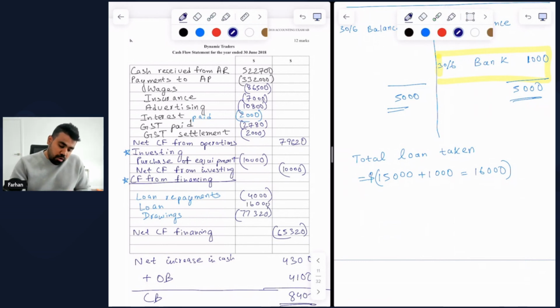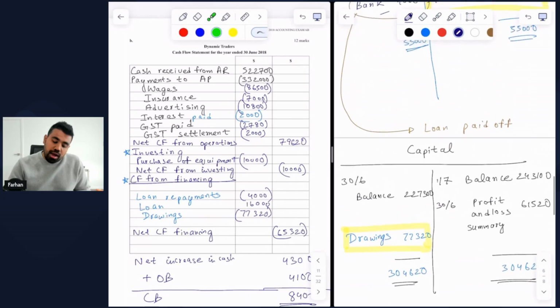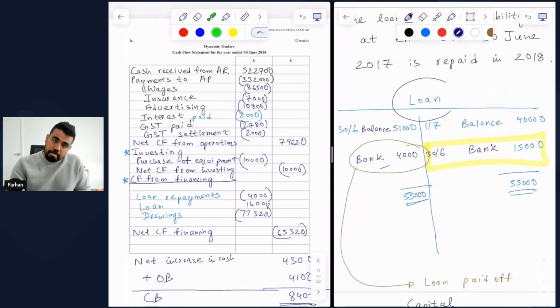So let me walk you through the two loan components we have here. The loan repayment of 4,000 in negative refers to the current liability from end of 2017 that we must have taken care of already in 2018. And the loan that we have taken of $16,000, which is a cash inflow, is the number that we have derived by doing the reconstruction of the non-current liability loan account first.